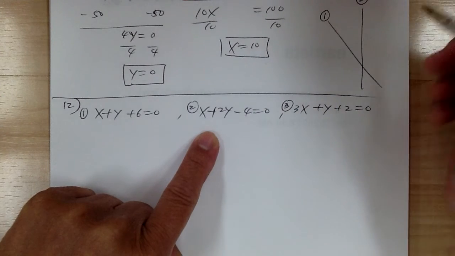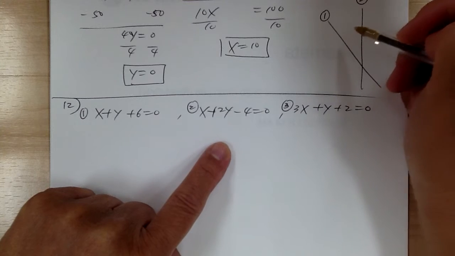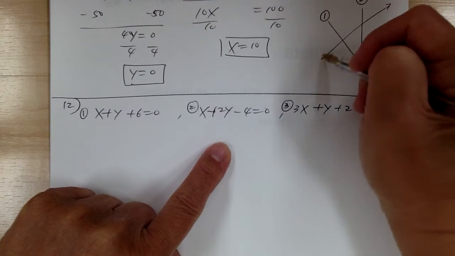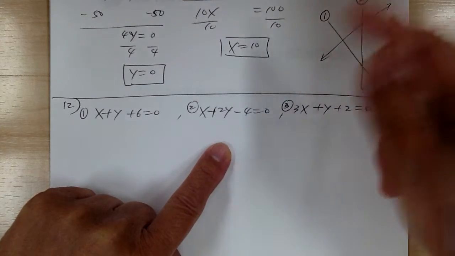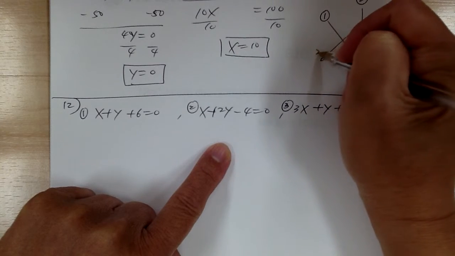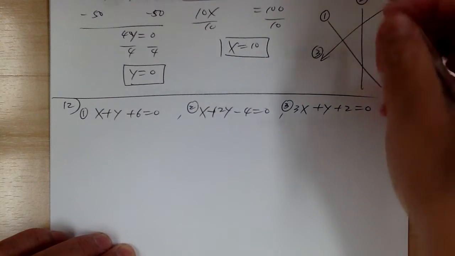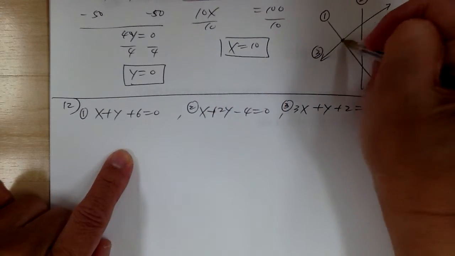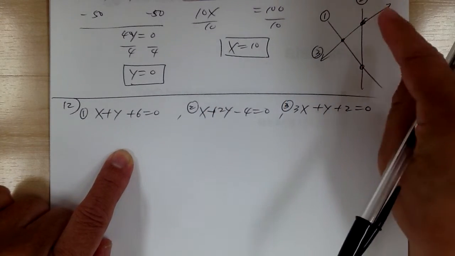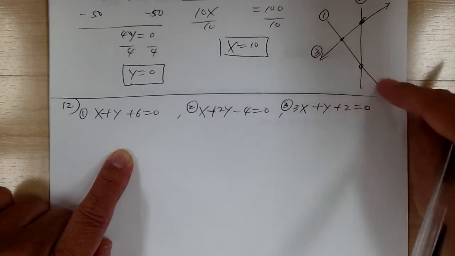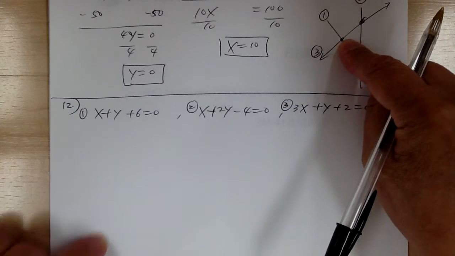Again, I'm just sketching randomly; this may not be the truth. I'm just sketching something so you can see what it means. So the vertex would be like this over here. When you use equation 1 and 2, the intersection point would be a vertex.